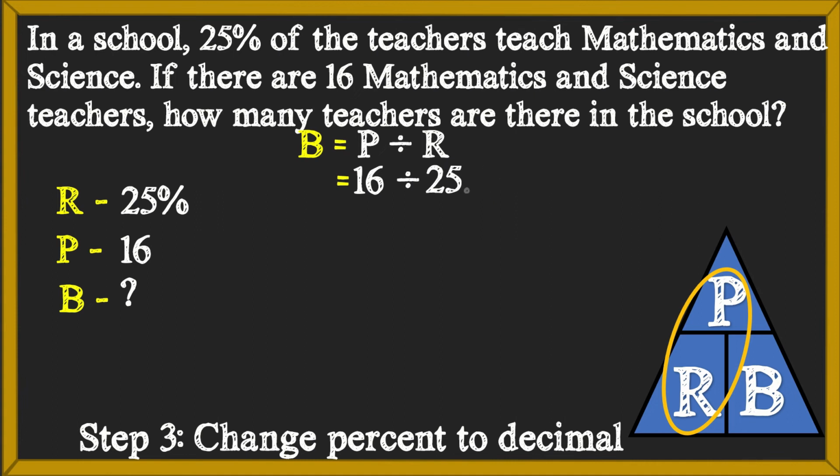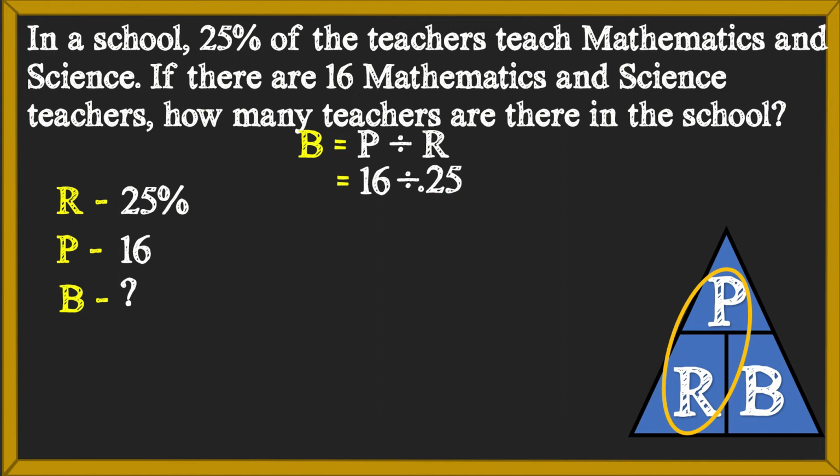Drop the percent sign and put a decimal point and move it twice to the left. 1, 2. We now have 0.25. Let us divide. 16 divided by 0.25.